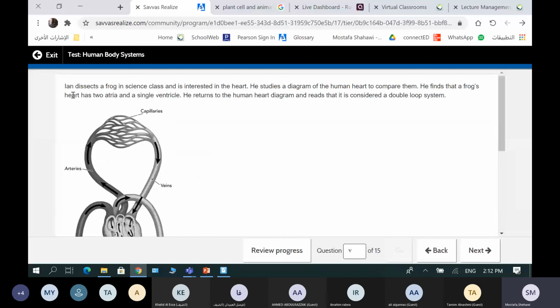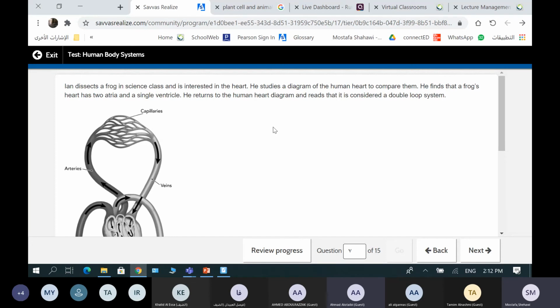Mr. Ahmed, read this question. Read the scenario first, then the question. Ian dissects a frog in science class and is interested in the heart. He studies a diagram of the human heart.